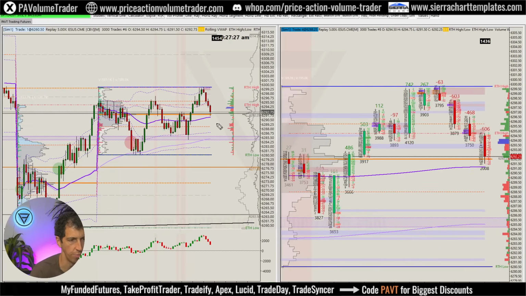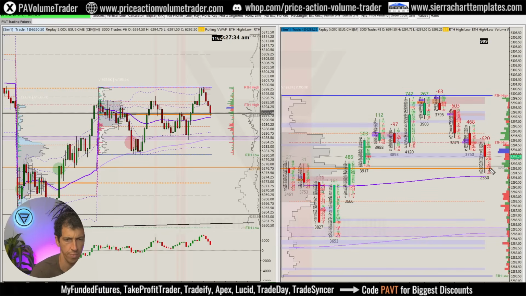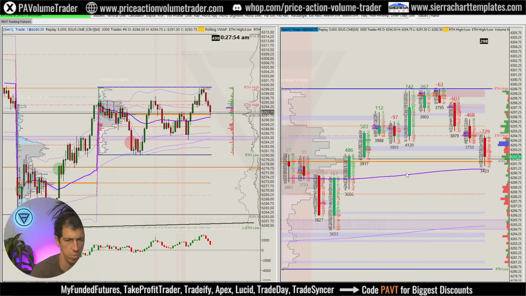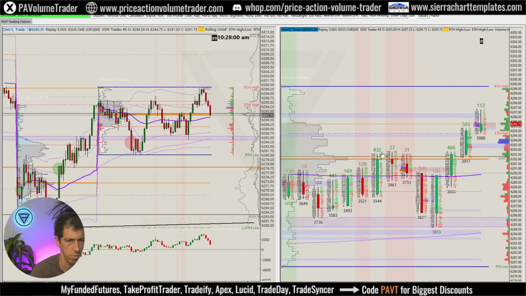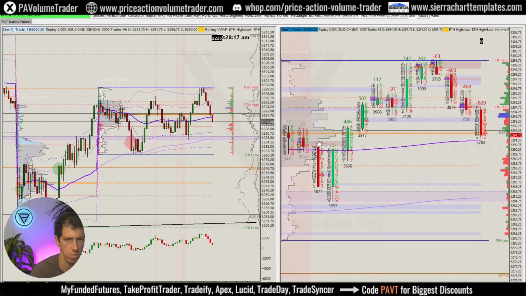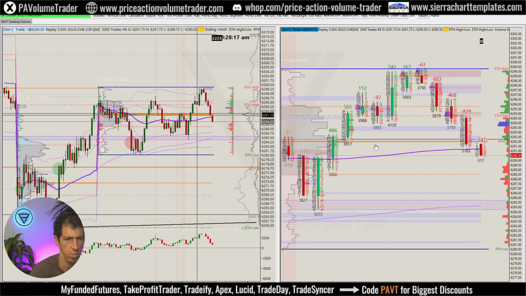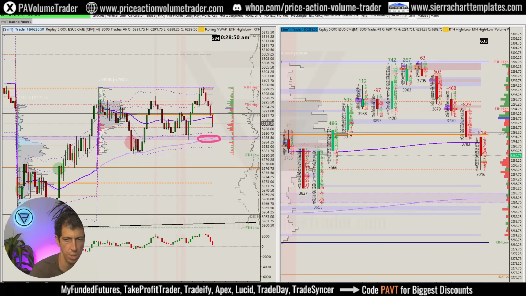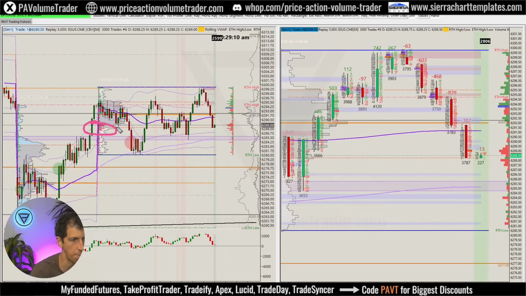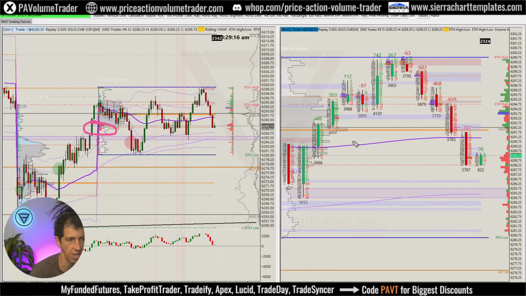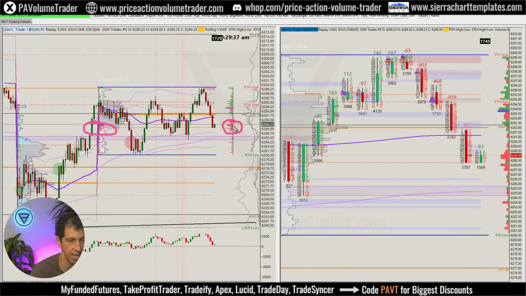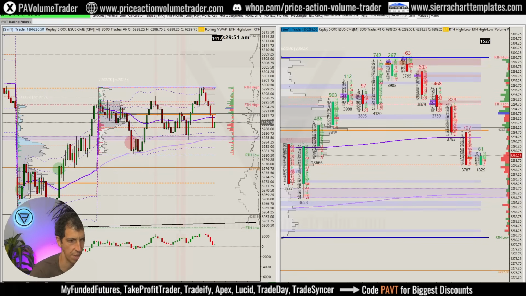Big impulsive move coming in now. Okay, and now pay special attention once we come here into the purple area that we're talking about, right near the bottom edge of the node here. Note all this aggressive delta selling right at these levels.